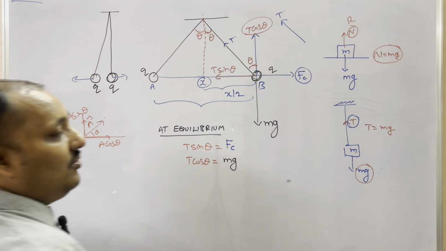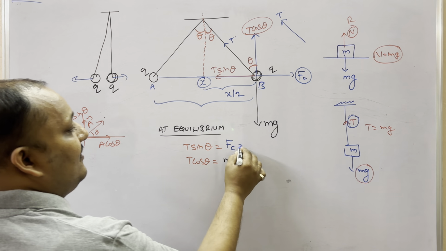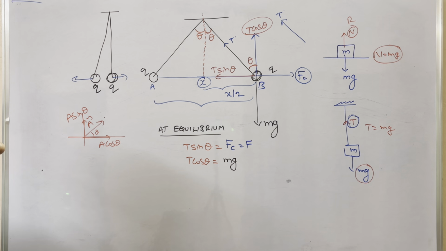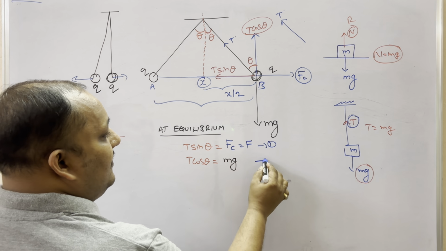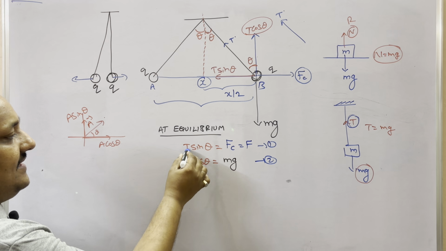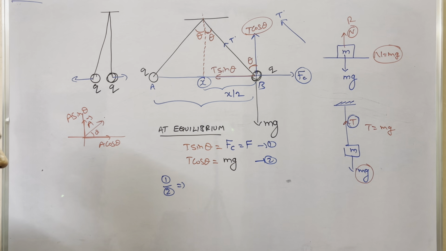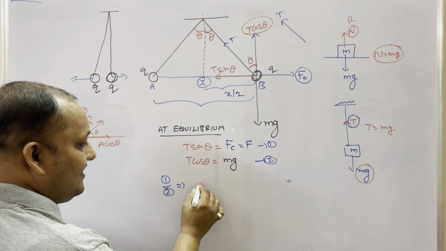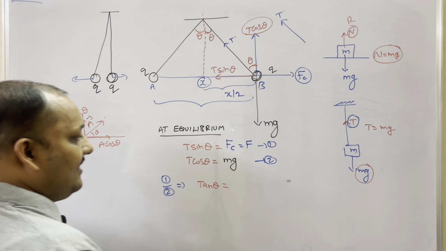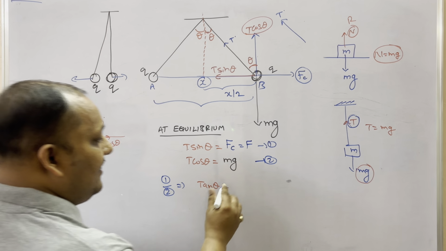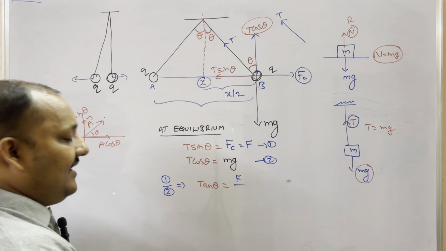F, the Coulomb force. So that one only they will write as F also. Now equation 1, equation 2, if you observe, equation 1 by 2, if you do, what will you get? Sin theta by cos theta, tan theta. Equal to what you are going to get? F by mg.